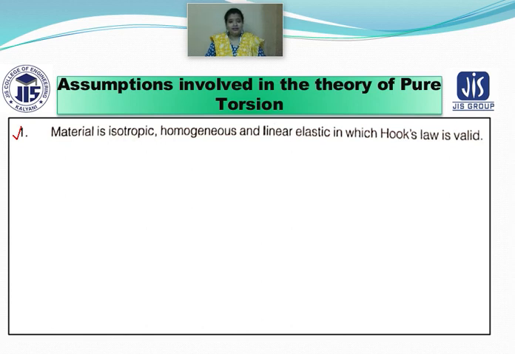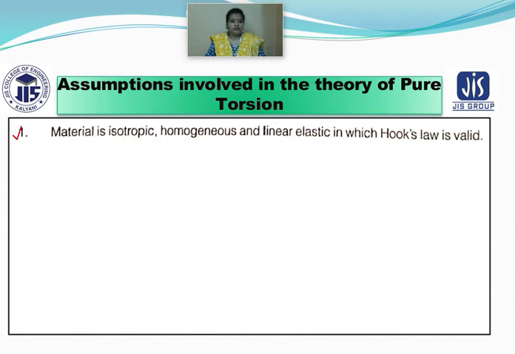Hooke's law is where stress is proportional to strain, within the elastic limit. So there is no confusion to consider. This is one of the assumptions involved in the theory of pure torsion.